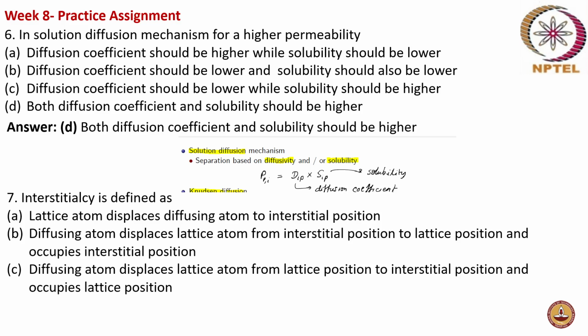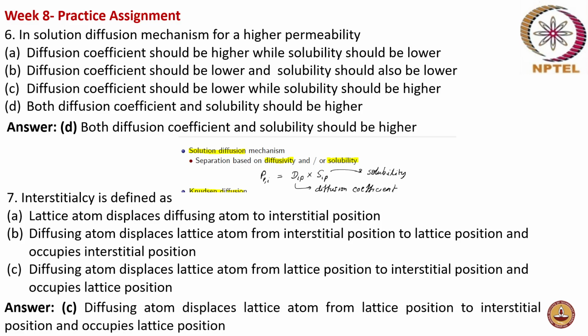Which of these is right in terms of interstitialcy? So the right answer is, in interstitialcy, the diffusing atom displaces the lattice atom from its lattice position to an interstitial position, and the diffusing atom occupies the lattice position.